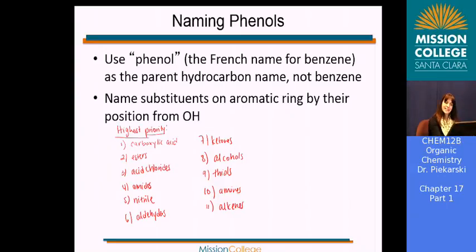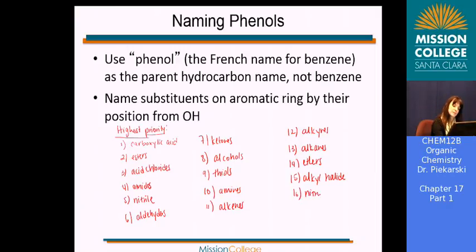So you see here, alkenes are not even that high on the list. Alkynes. We have alkanes, ethers, alkyl halides, so those are all the halogens, right? Alkyl halide, the nitro group, that's the NO2 group. It's last on the list, okay?